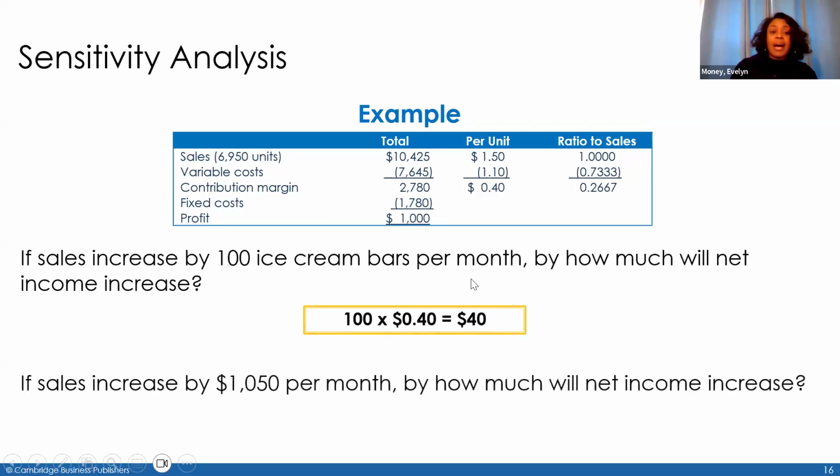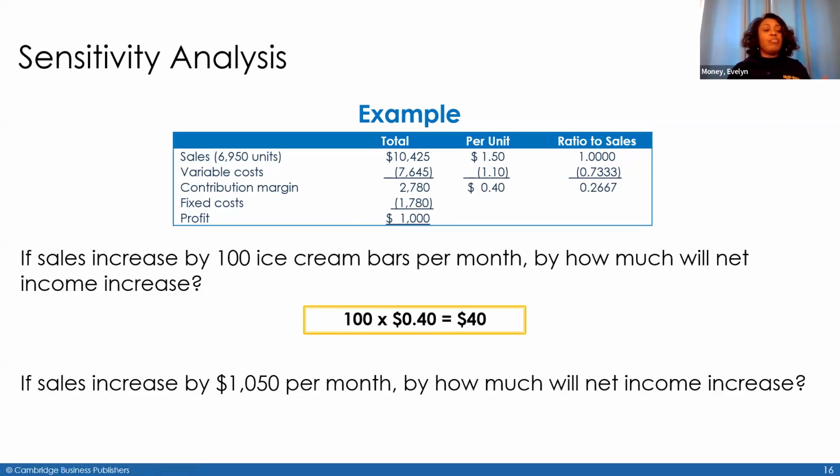That is how much my net income will increase by if I sell an additional 100 ice cream bars. Now I know that 100 times $1.50 is not $40, but my profits are not going to increase by the sales level. It's going to increase by the contribution margin level. So that's why we can take that and multiply it by contribution margin per unit.